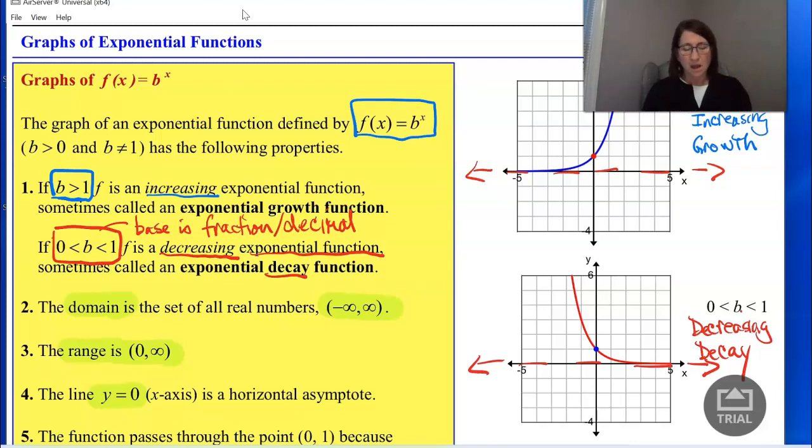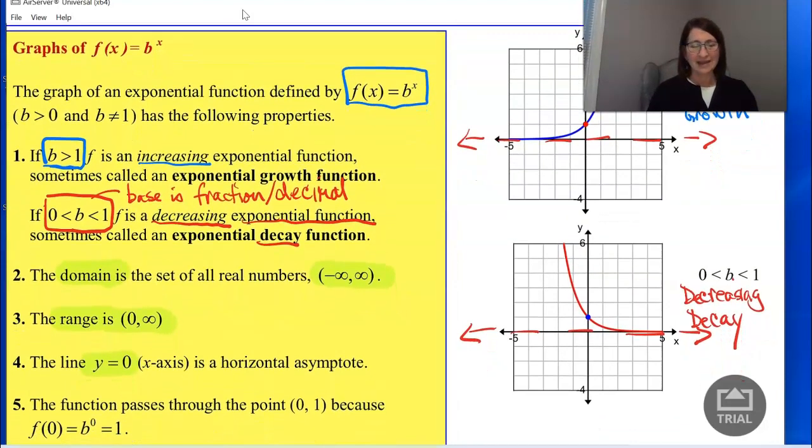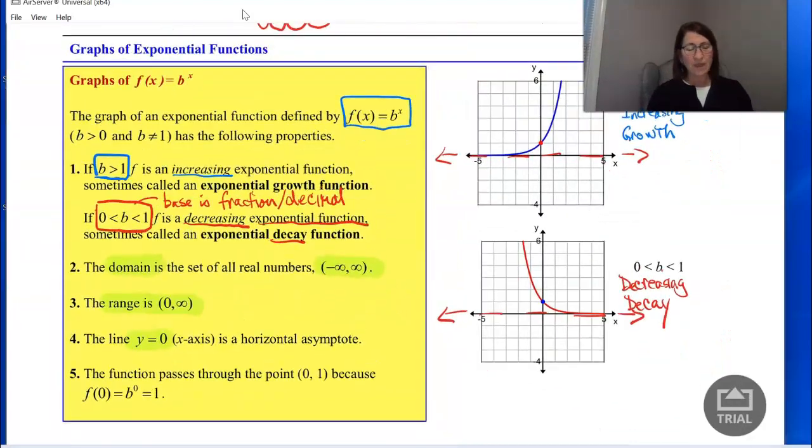And then lastly, the functions pass through the point (0, 1). With the blue one right there, there's our point (0, 1). And down here with our decay function, it's also going through the point (0, 1). Why is that?